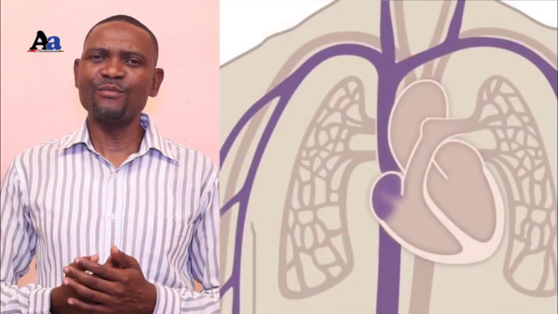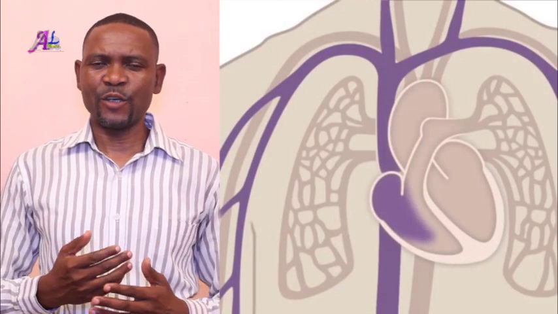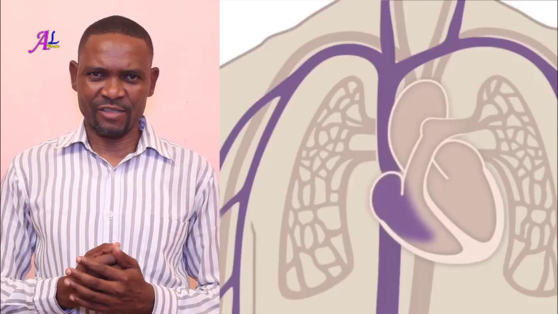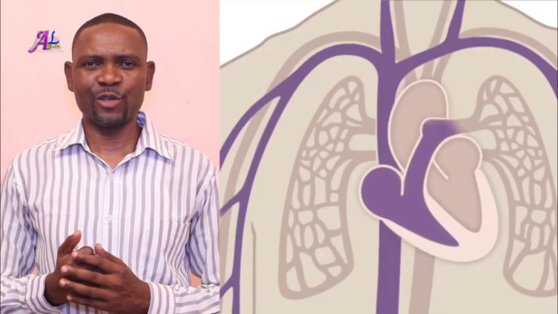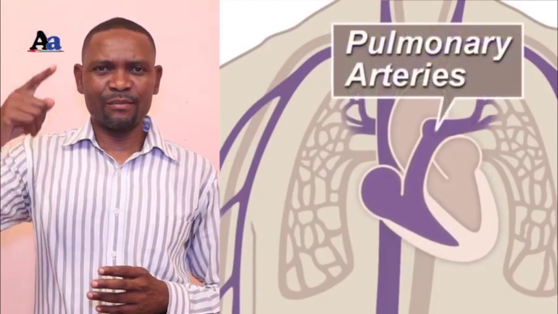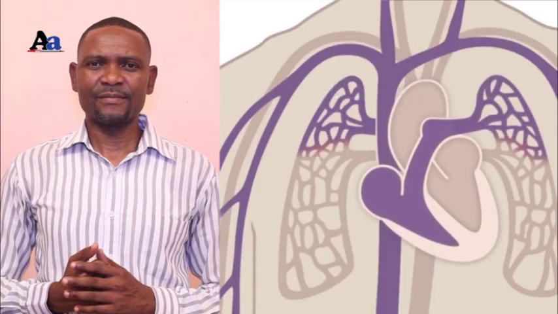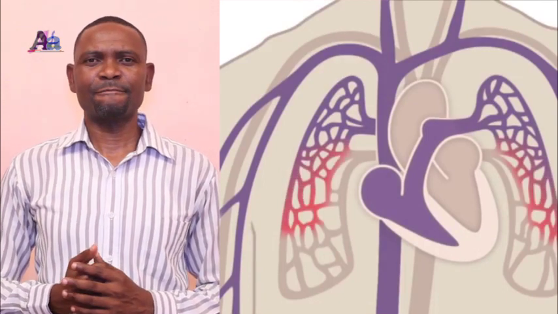It is received by the right auricle. The right auricle pumps it down to the right ventricle through the tricuspid valve. And when the right ventricle contracts, blood is pumped to the lungs through the semilunar valves. It goes to the lungs through the pulmonary artery.